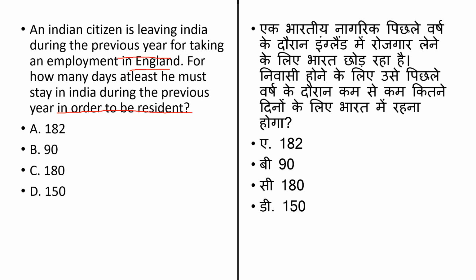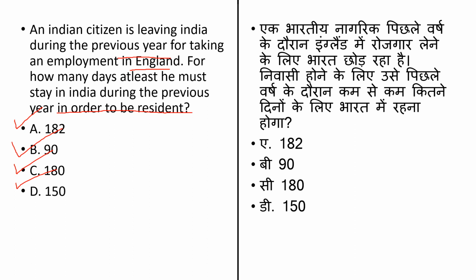The options given are 192 days, 90 days, 180 days, and 150 days. An individual is said to be a resident in the tax year if he or she is physically present in India for a period of 182 days or more in the tax year.